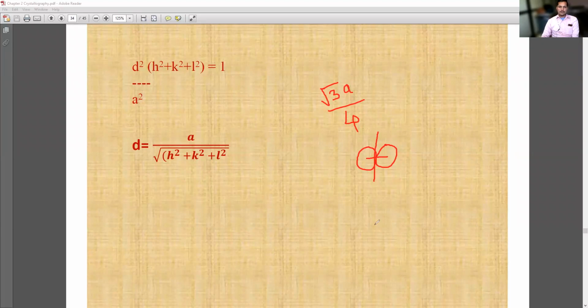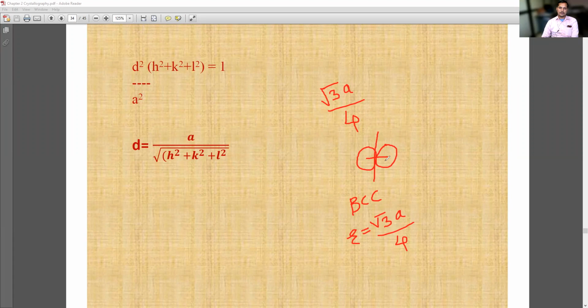So if we consider the nearest neighboring distance in case of BCC, what value do we get? I give you a hint: R is equal to root 3a/4, our atomic radius. What is the nearest neighboring distance in case of BCC?